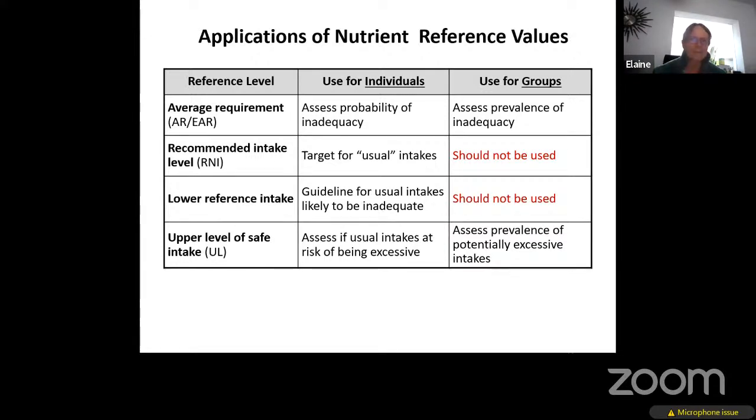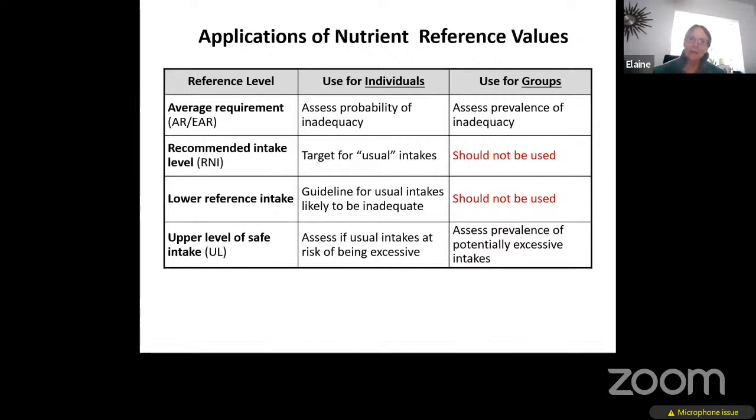That's the amount that meets the needs of 50% of the population. That is used for individuals to assess the probability of inadequacy. It's used for groups to assess the prevalence of inadequacy. So what percentage of the population is at risk of inadequate intakes?